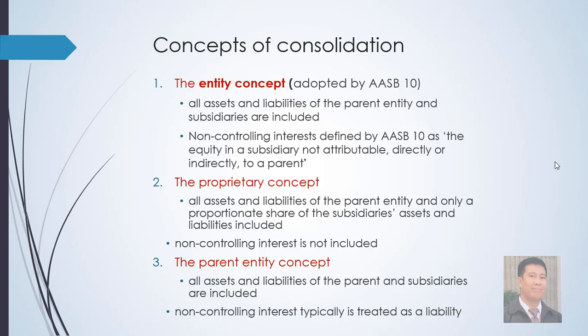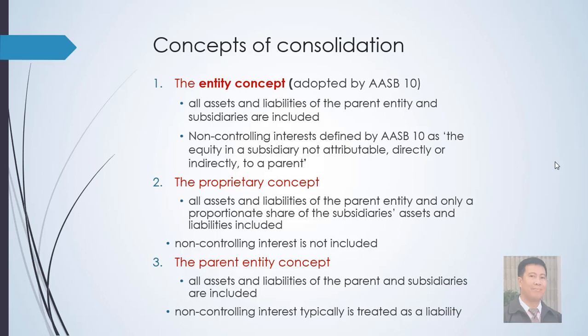The second one is what we call the proprietary concept. The assets and liabilities of the parent entity, and only a proportionate share of the subsidiary's assets and liabilities, will be included. What does it mean? For example, if the parent only holds around 90% of the subsidiary's controlling interest, in that case, the parent will consolidate only 90% of the subsidiary's assets and liabilities.